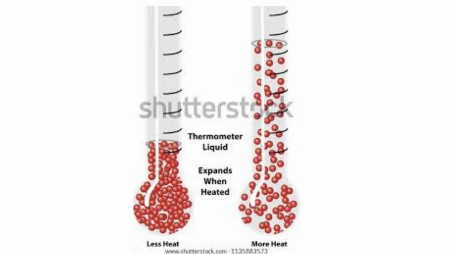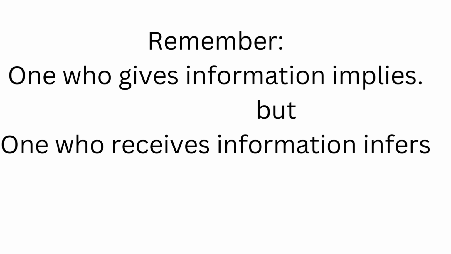So we measure length and we infer temperature from this length. Remember, one who gives information implies, but one who receives information infers. So imply and infer are opposites like a throw and a catch.